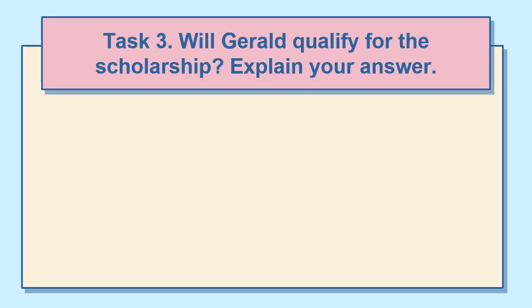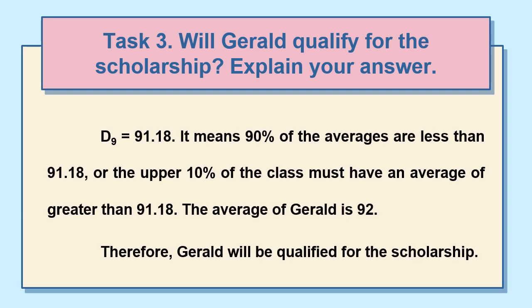So after getting the 3rd quartile, the 55th percentile, and the 9th decile, we will now proceed to our task 3. The question for task 3 is, will Gerald qualify for the scholarship? Explain your answer. Okay. In finding the D sub 9, or the 9th decile, we got the value of 91.18.